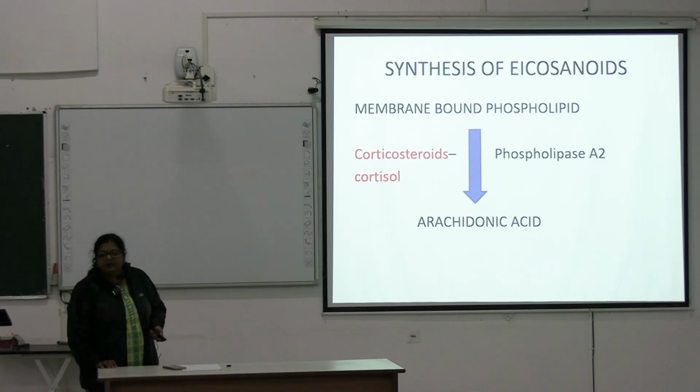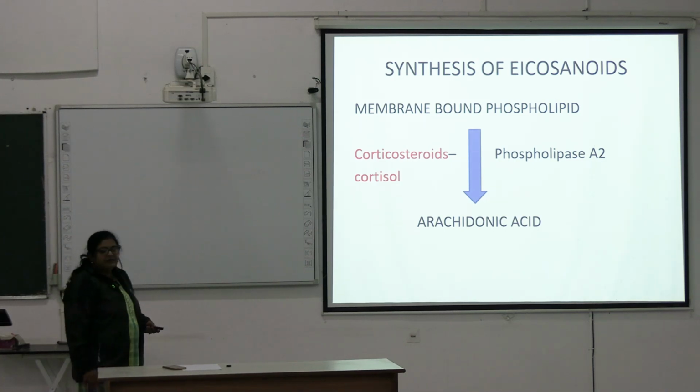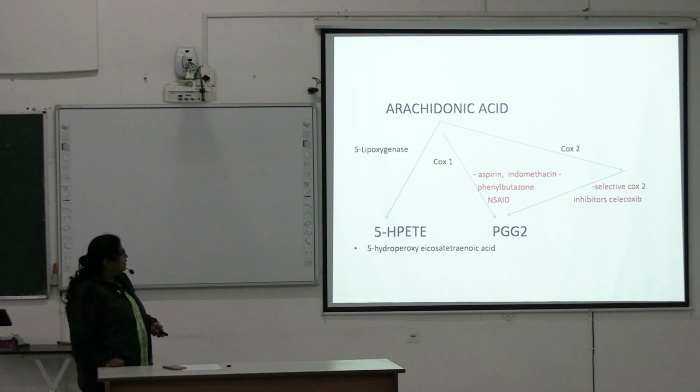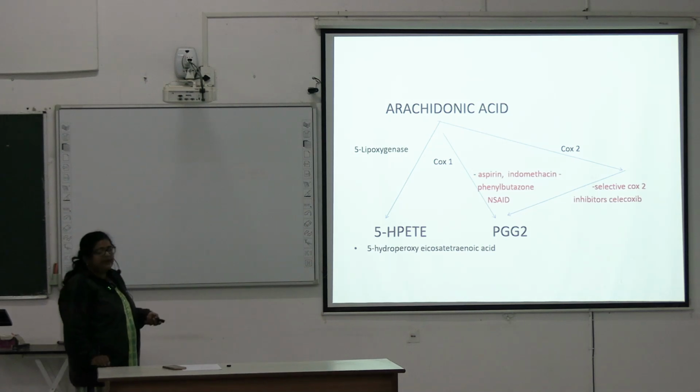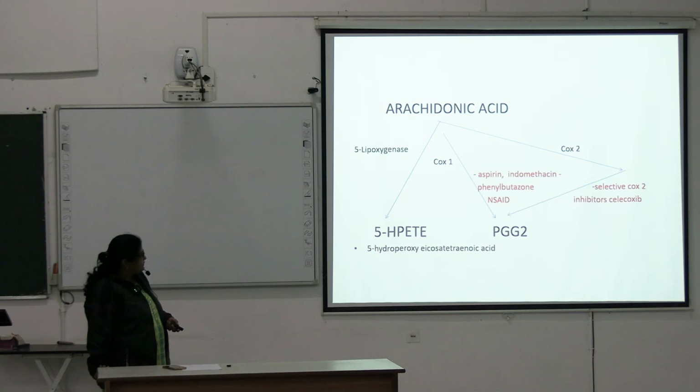So you can be asked what are the inhibitors of prostaglandin synthesis in different stages. Phospholipase A2 is inhibited by corticosteroids. Cyclooxygenase is inhibited by aspirin, indomethacin, phenylbutazone, and NSAIDs. They inhibit both the enzymes COX-1 and COX-2.